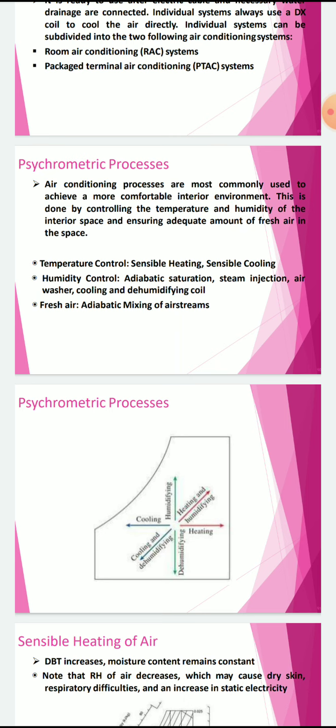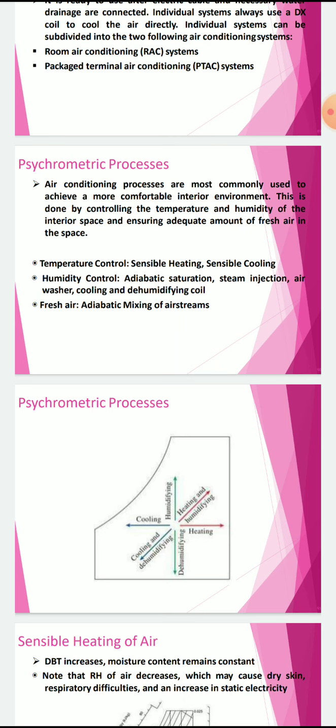And the last one is fresh air. To maintain the quality of the air inside a room, through adiabatic mixing of air streams, maybe 20 to 30% of fresh air is supplied from outside.